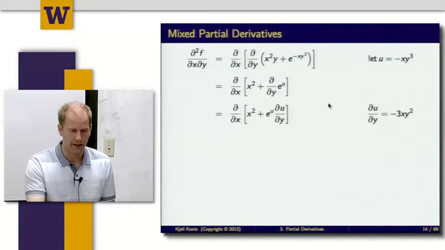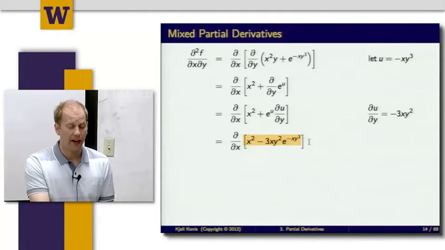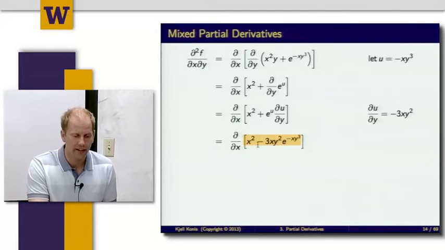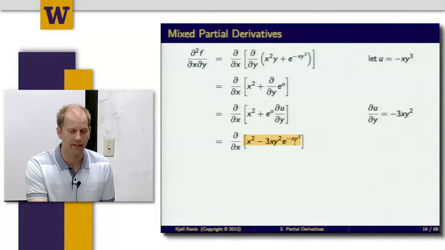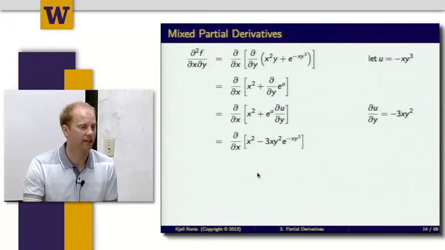So let's see what I end up with here. I have x squared minus 3xy squared e to the minus xy cubed. And in fact, since we've already taken the derivative of this a few slides ago, I didn't have to do this bit. I could have just used the derivative I'd already computed.